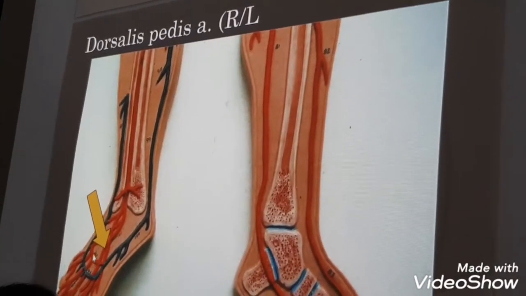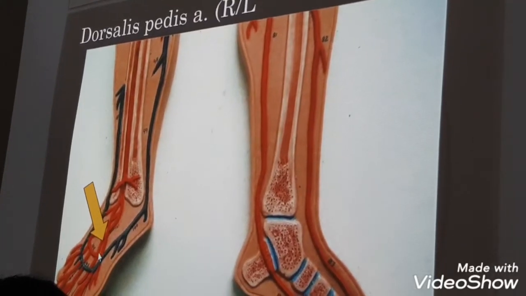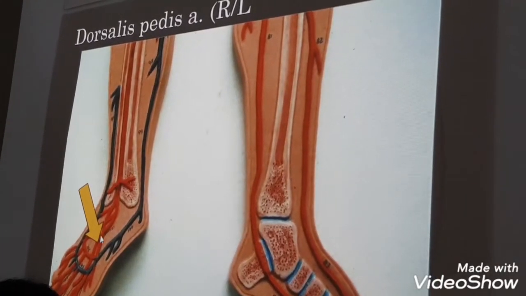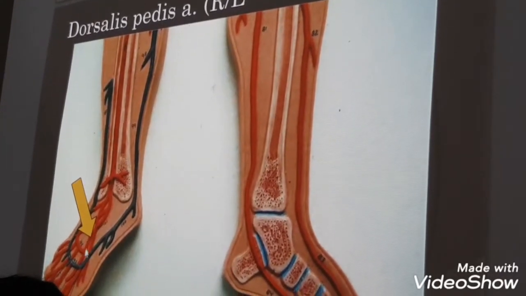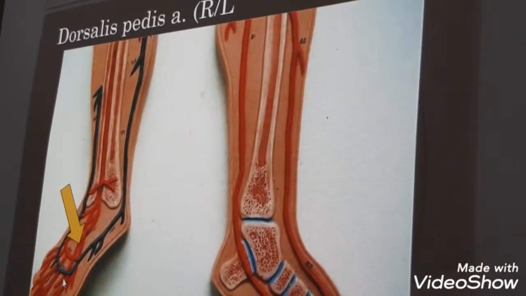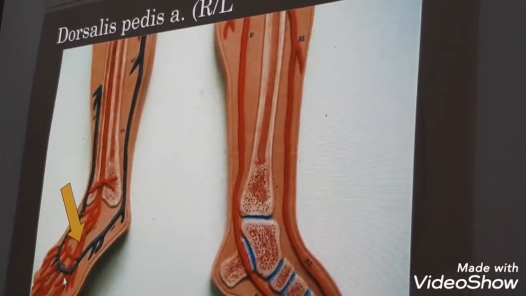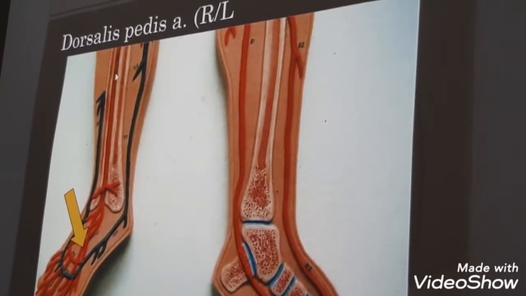And it's the arch here. So the dorsal pedal arch, and then the artery itself where you take your pulse is that one. Kind of comes between the first and second digit, and that's where you would be able to palpate a pulse as well.